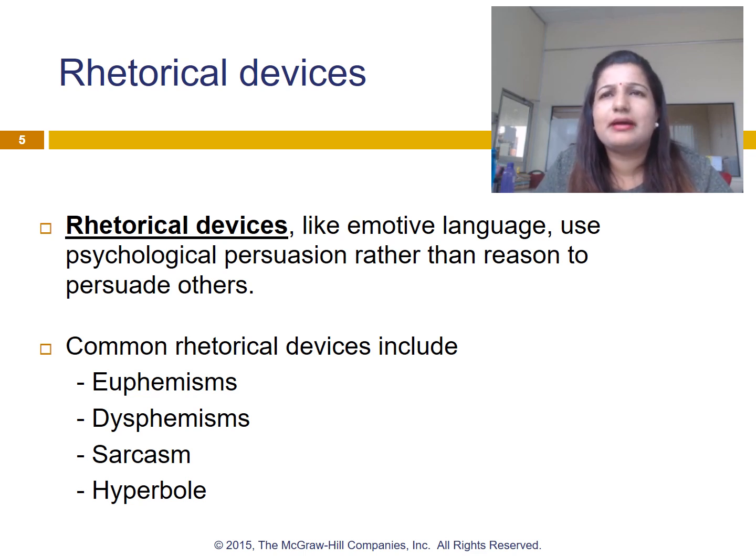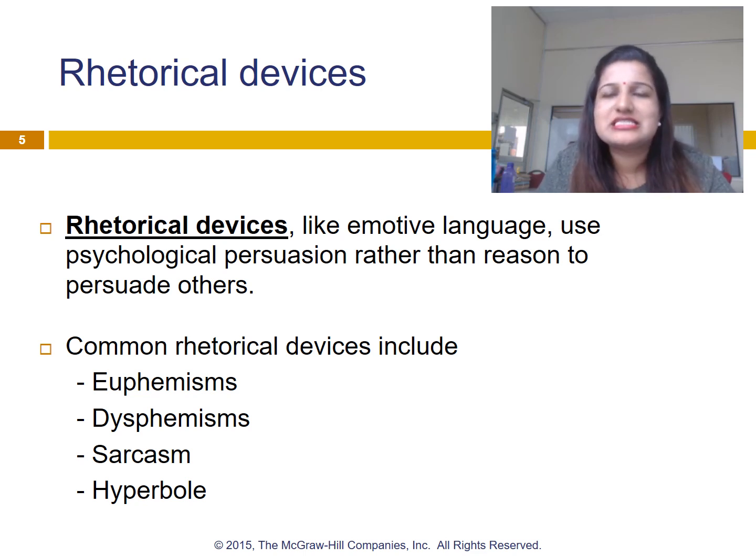Now let's talk about rhetorical devices. Under rhetorical devices, we have four commonly used rhetorical devices. Rhetorical devices, like emotive language, use a sort of psychological persuasion rather than reasons, rather than arguments, to persuade people.